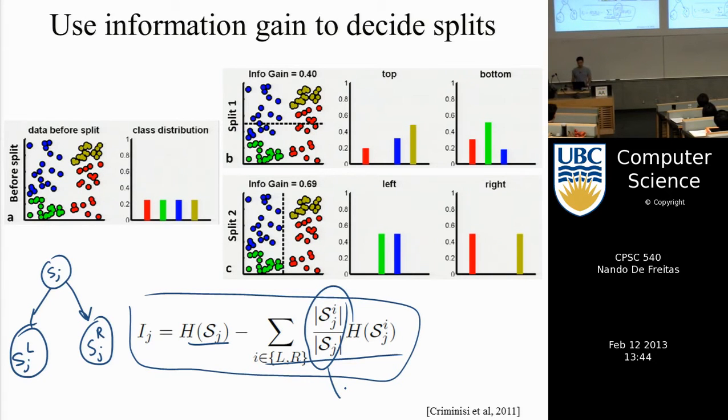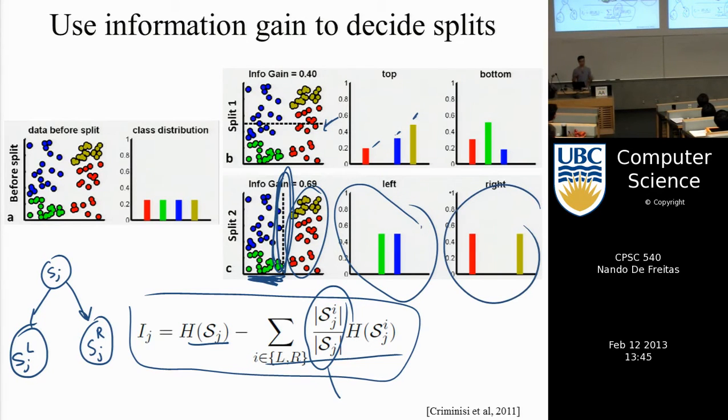So here are two cases. You can either use a horizontal split. If you use this split here, then you'll end up on top with a few red, some blue, and most of the yellow. If you, on the other hand, use this decision here, you see that you're splitting all the blues and greens to the left, and that's why the points on the left will have this histogram, and the yellows and reds here.